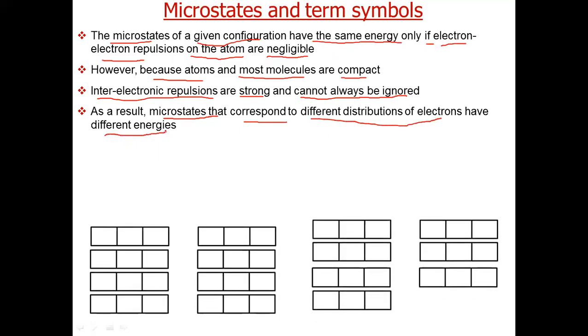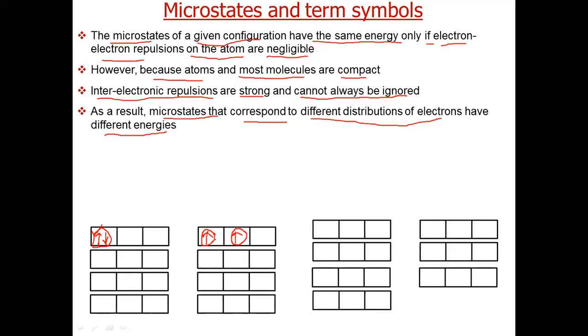Let us try to understand. I will draw only 2-3 configurations. Suppose we have one configuration this and second configuration this. Now you can see in this microstate the two electrons are in the same orbital, so they have more repulsions. Inter-electronic repulsions are more, but in this case these two electrons are in different orbitals.